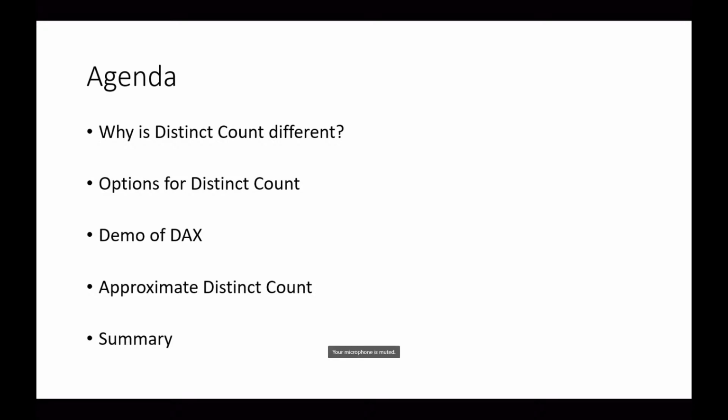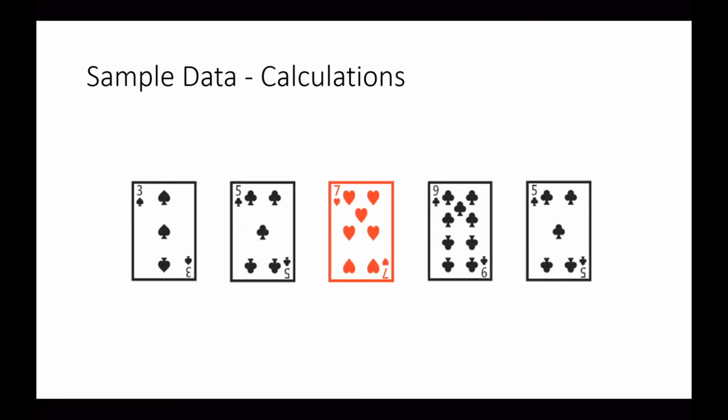But first of all, what I thought we might start with is a bit of an explanation as to why distinct count is that much slower than other typical calculations. And I thought what we could do is just imagine we had a data set that was based on playing cards.